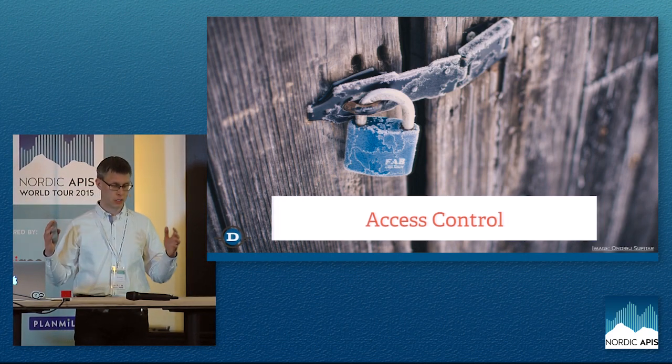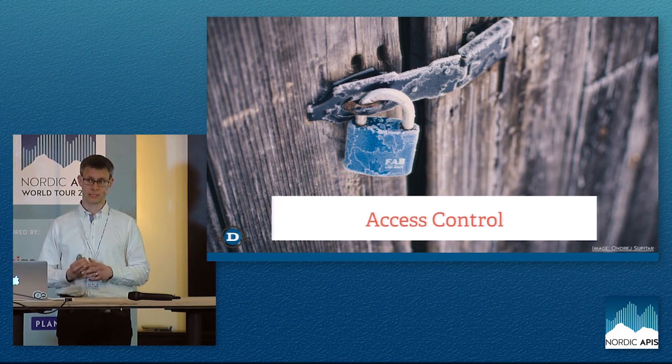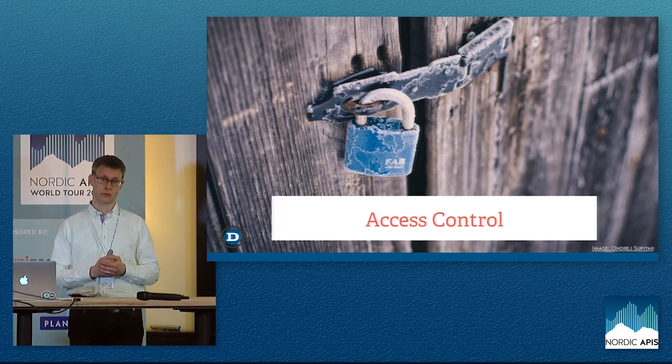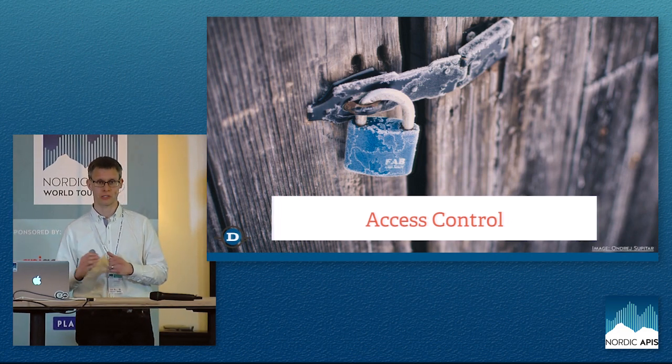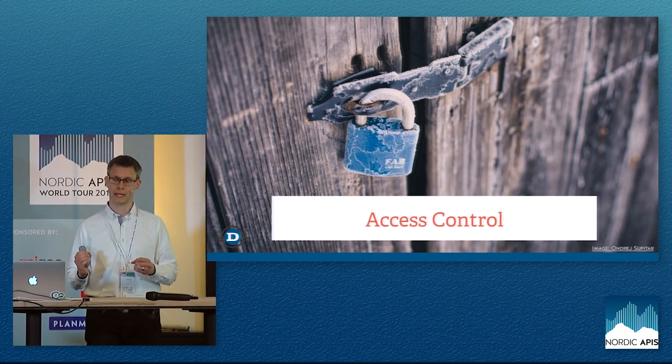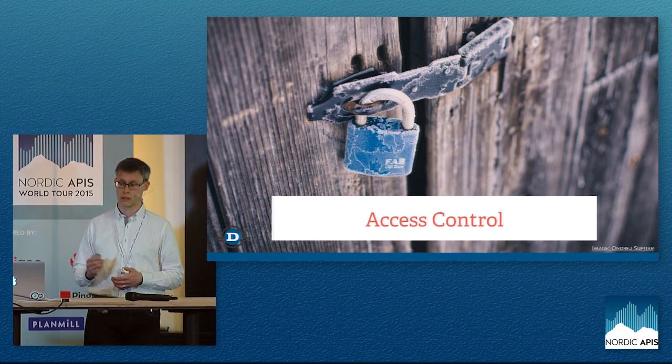There's SAML, there's lots of different tools you can use here. But you need to be careful about this, even if it's just supposed to be internally in your organization. Sooner or later, somebody outside is going to sniff this API out and start using it. And then you better be able to shut them off or at least know that they're doing it, or prevent them from doing it if that's what you want to do.